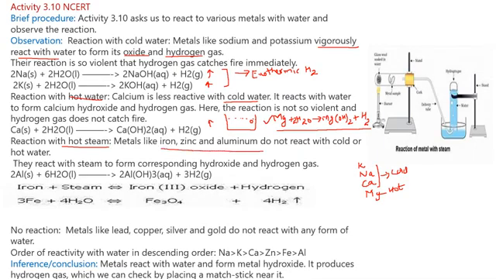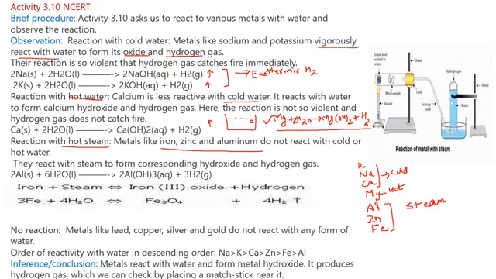So aluminium, zinc, iron, we will go according to the activity series. These metals will react with steam and they will form oxides, right?